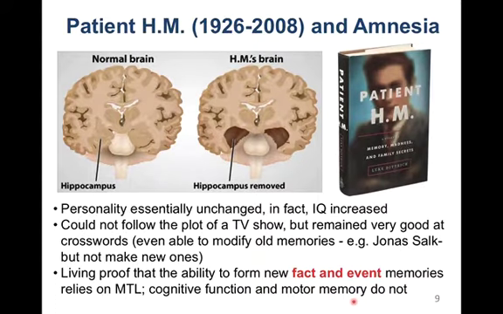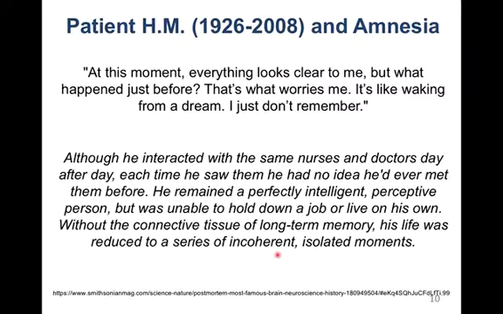He was able to learn new motor skills. He might not remember that he had learned them, but motor memory doesn't rely on the medial temporal lobe. It's specifically fact and event-based memories that do rely on the medial temporal lobe.